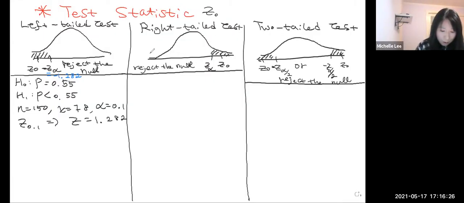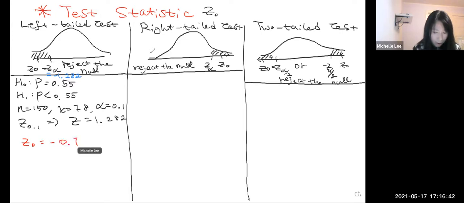So Z equal to Z naught, negative 0.739, okay?